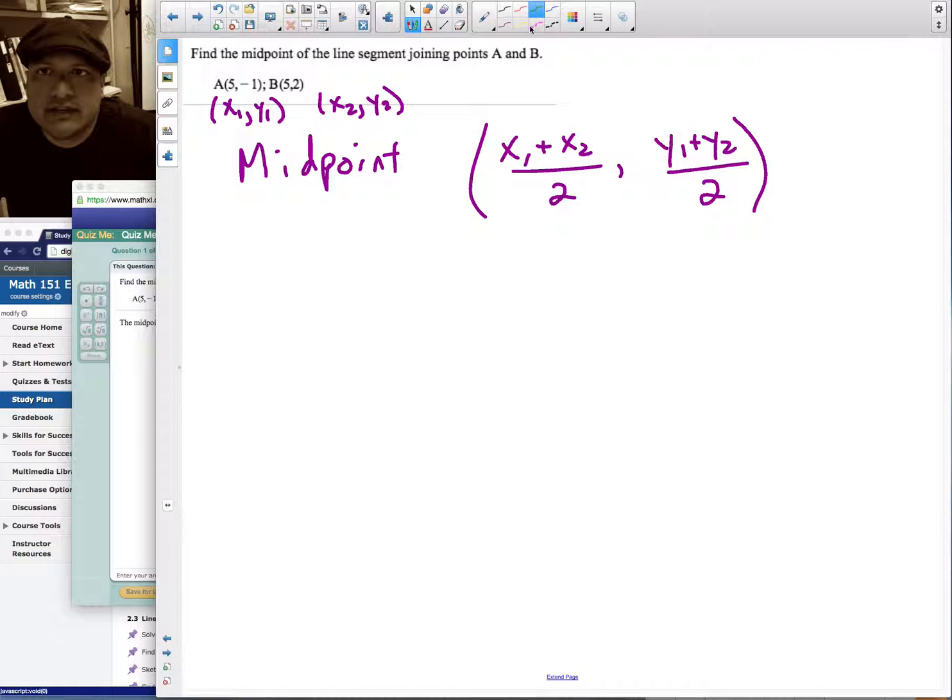So here we're going to have 5 plus 5, and here we have -1, and here we have 2.